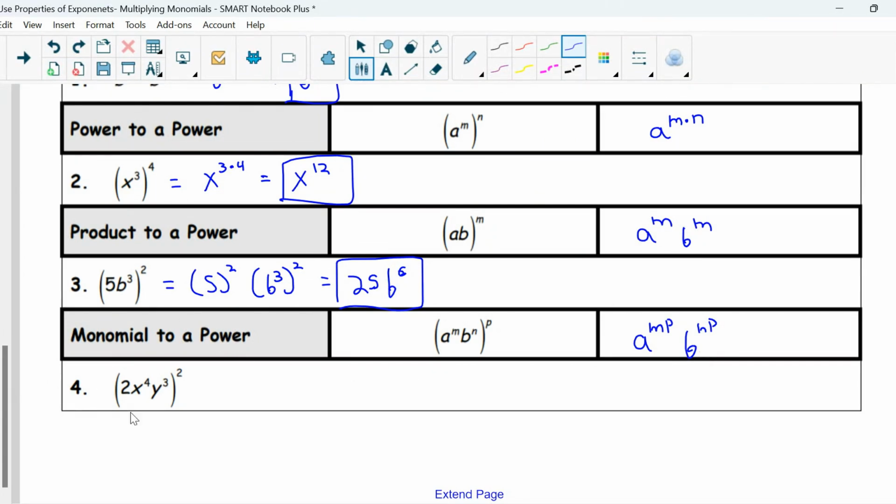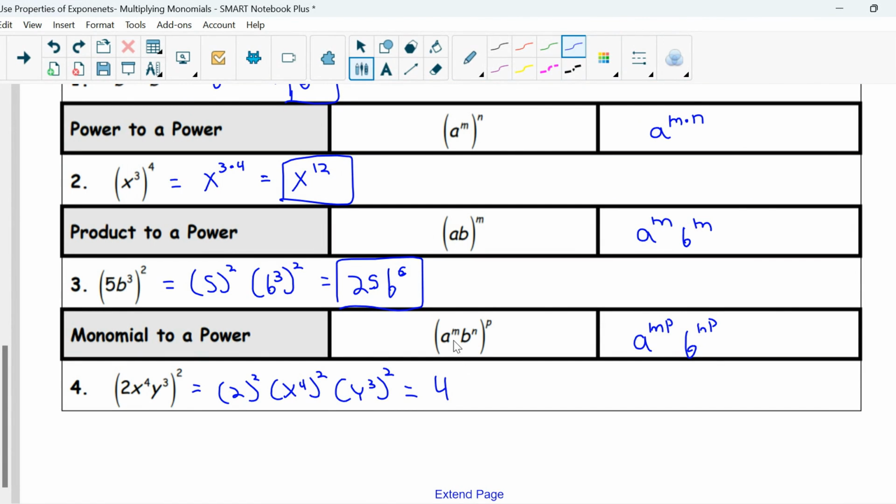Okay? In our example here, we have 3 terms. So we have 2 to the second power times our second term, x to the 4th to the second power, times our third term, y cubed to the second power. So we have 2 squared, which is 4, x to the 4th power raised to the second power.